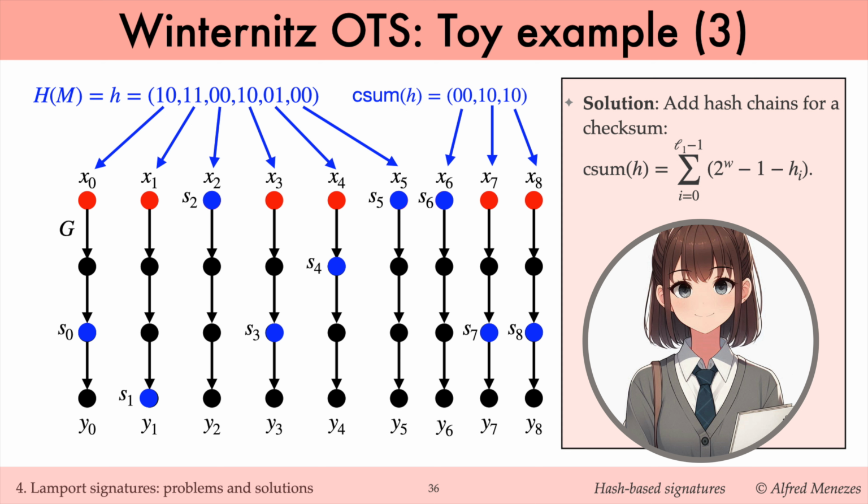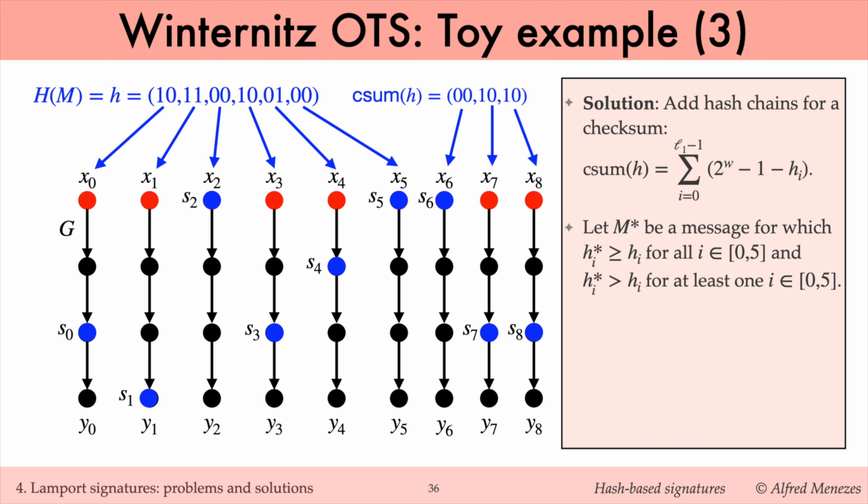In this attack, an adversary who obtains a single signed message can potentially forge signatures on new messages. Suppose now that an adversary has seen the signature on this message M and wishes to forge Alice's signature on the message M star. Since the forger cannot move up a hash chain, they can only succeed if each block Hi star of the hash of M star is at least equal to Hi.